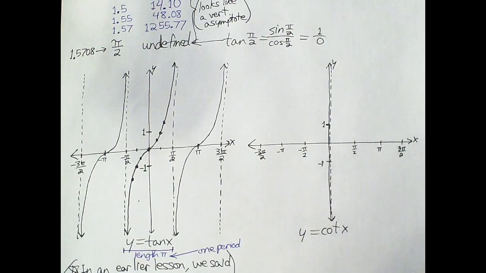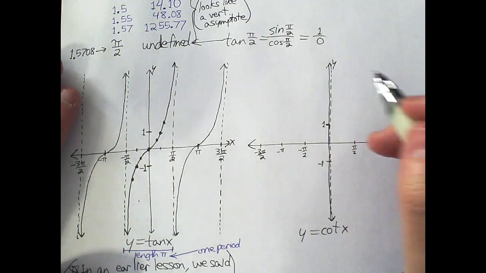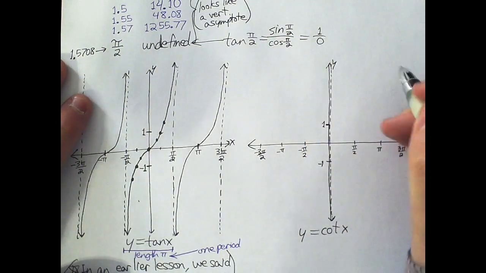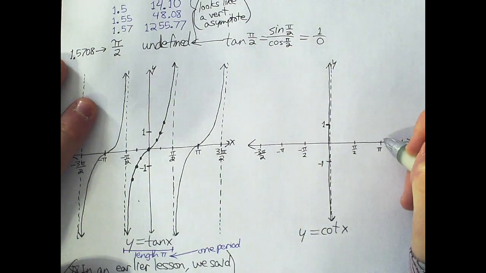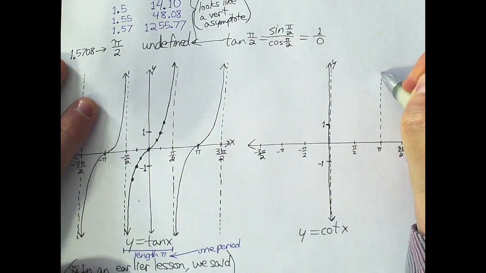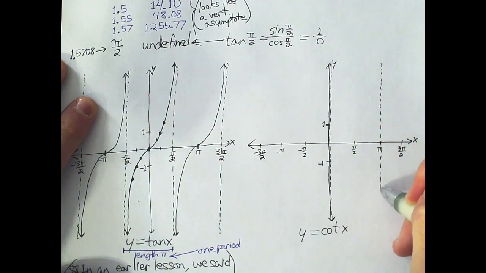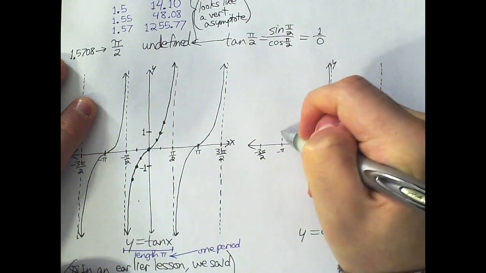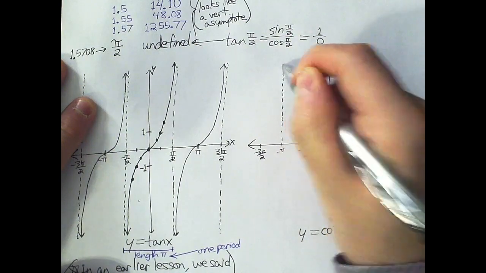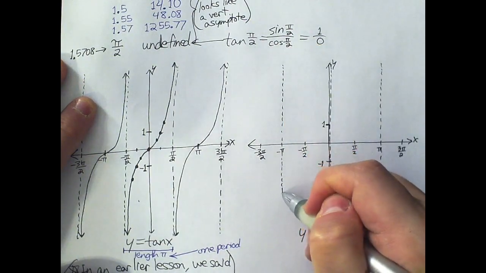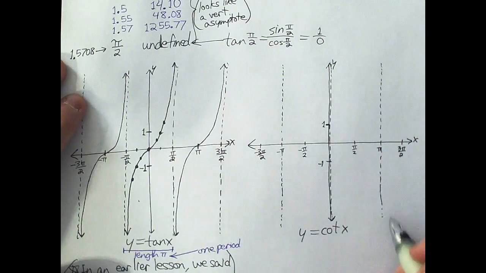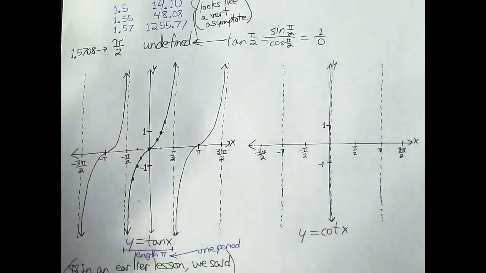And then because we have a vertical asymptote there, and because the period is pi, we must also have another vertical asymptote if we add pi, and if we subtract pi. I told you these graphs are going to look similar, so yeah, they've got asymptotes.